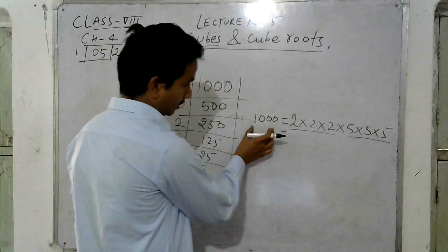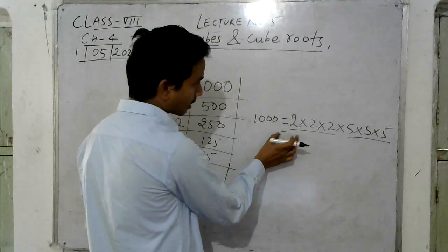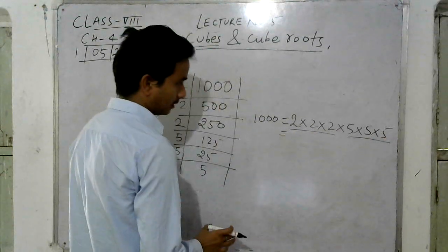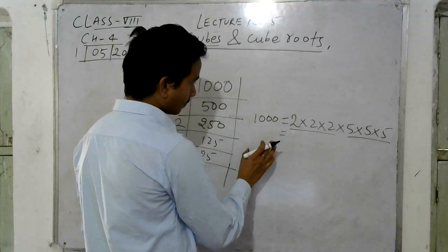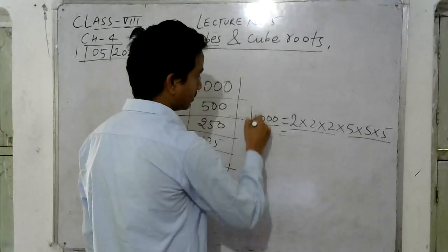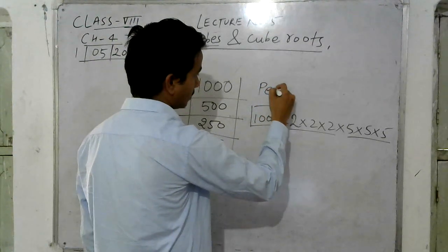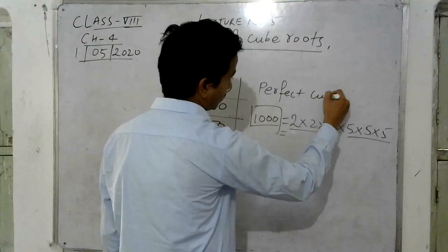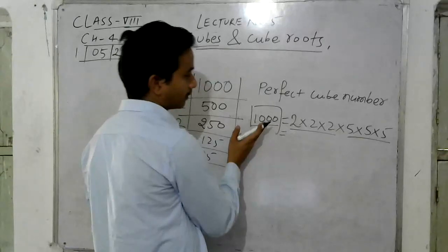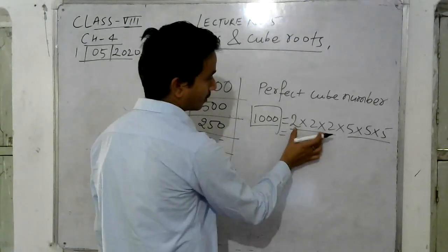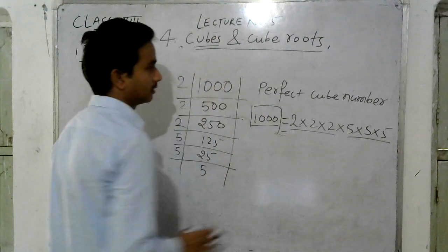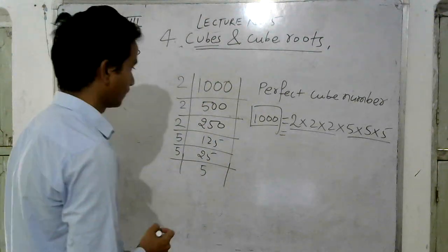So in the prime factorization of 1000, every factor is multiplied with itself 3 times. Then only we can say that the number is a perfect cube number, because I can express 1000 as a product of triplets of equal factors.